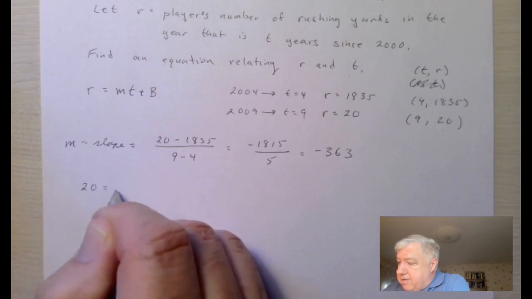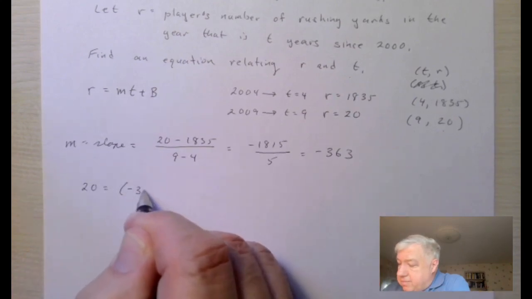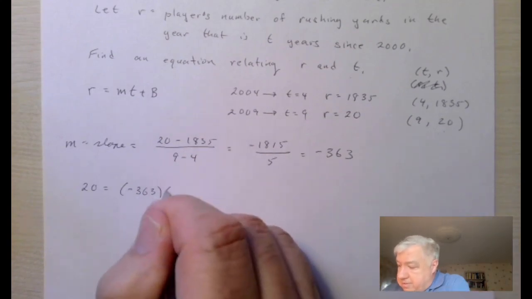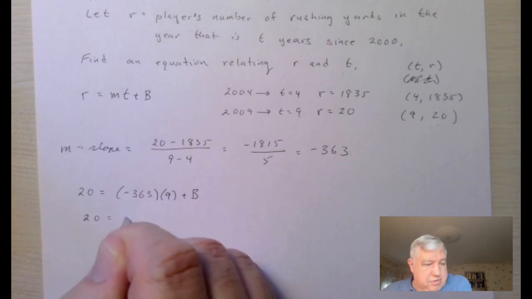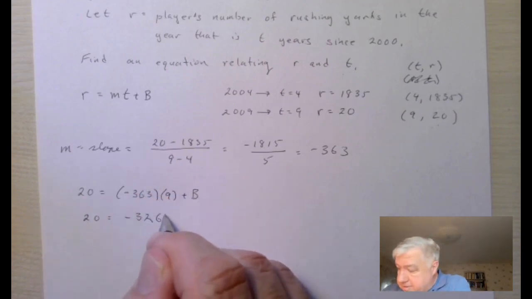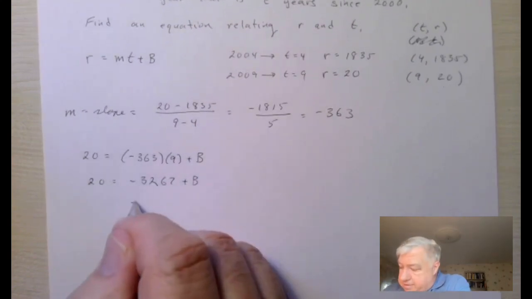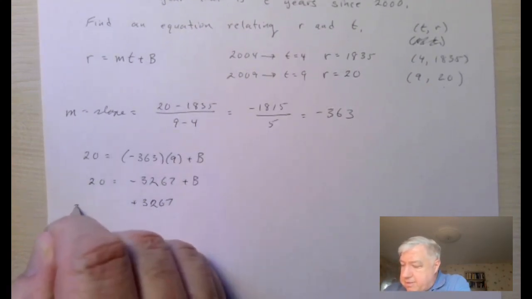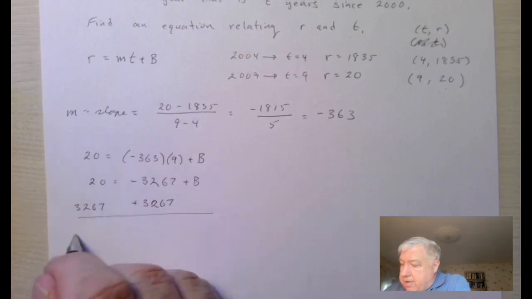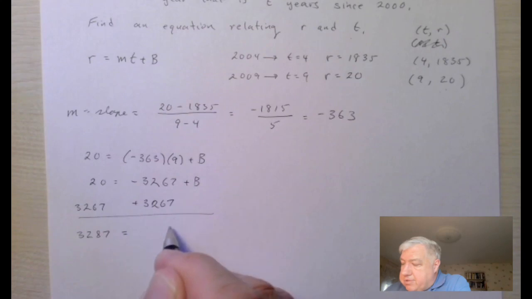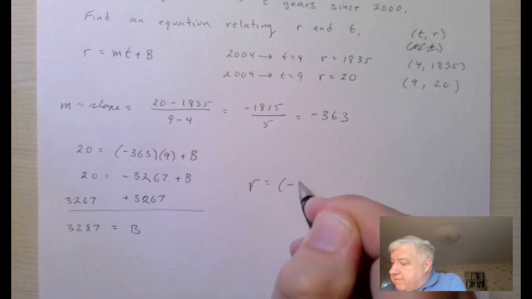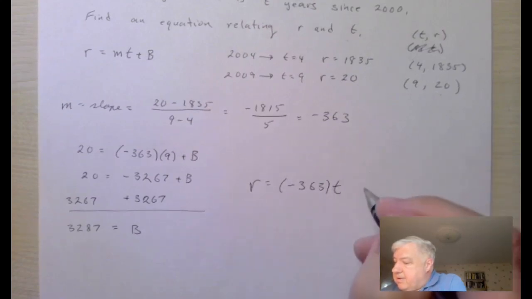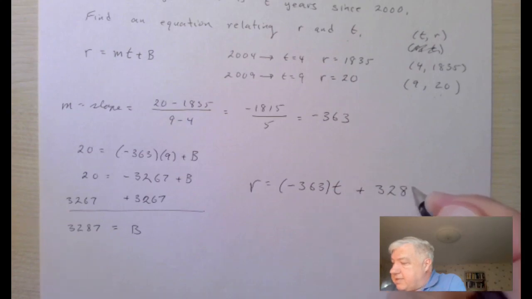So 20 is equal to M times 9 plus B. So 20 is equal to negative 3267 plus B. We can add 3267 to both sides, and we get 3287 is equal to B. So our equation is R is equal to negative 363T plus 3287.